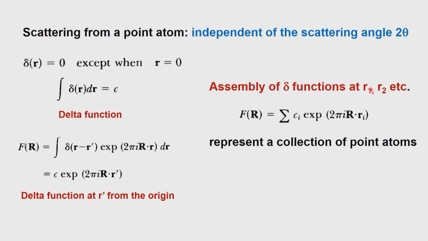Corresponding to each one of these points we have to add it up. The total f of r therefore will be a summation over all the r1, r2, ri. So therefore it represents C of i. So C of i therefore is the total count of the electron density.